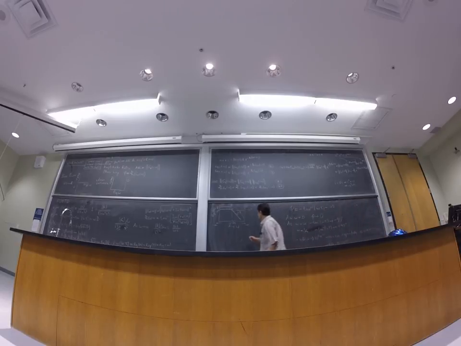Let me draw them in white and I'll draw in orange. So this is the minus tan inverse of omega tau, and this is the minus omega d.